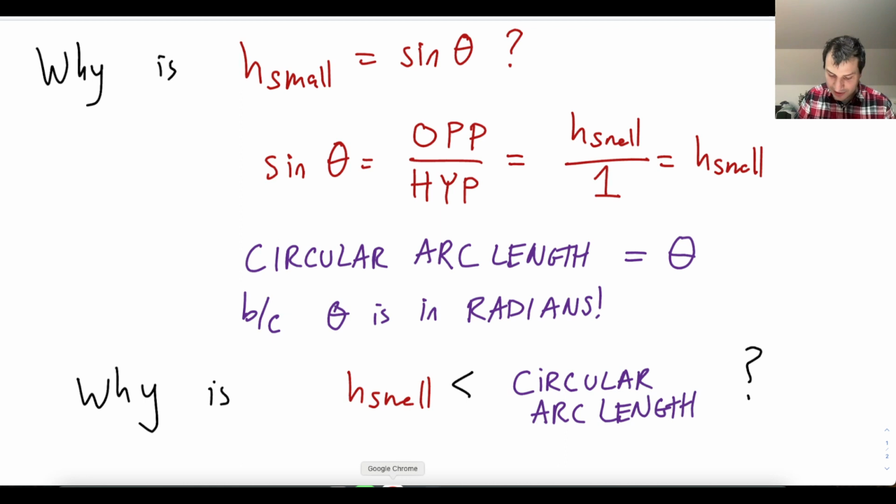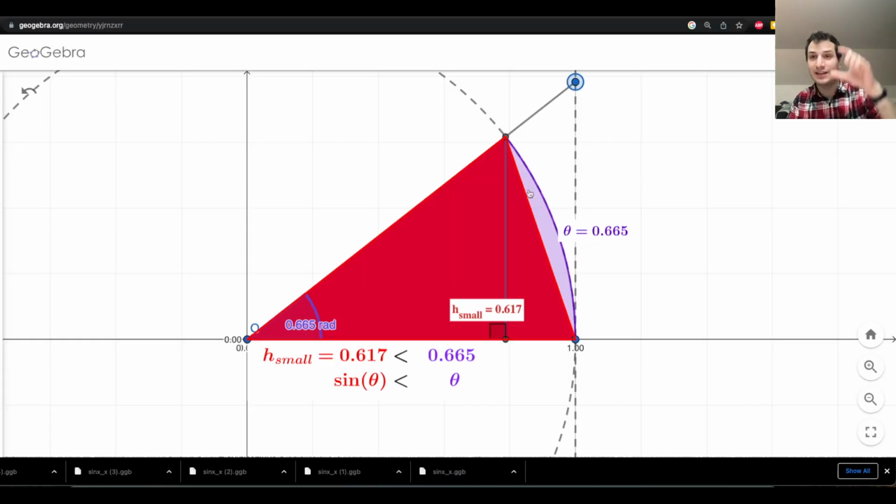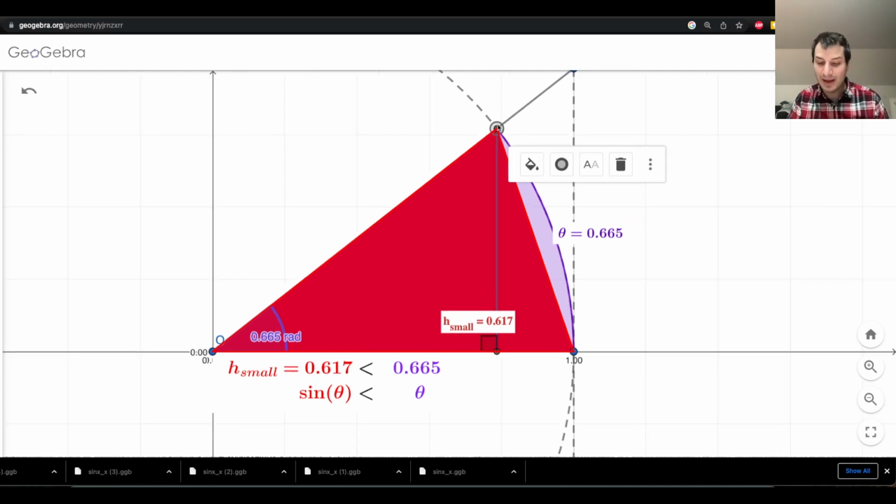And again, you can see visually why it's true over here, right? It looks like that line segment is a little bit shorter than this curved line segment. And you can make some kind of argument about, imagine you started at this point and you had to get down to this line. Which would be longer, going straight down or going along a curve? Well, going straight down is shorter, always. So the curve has to be a bit longer. That's one way you could argue it.